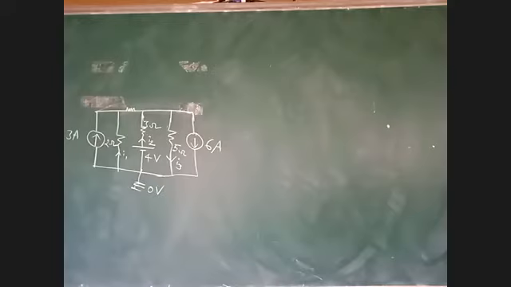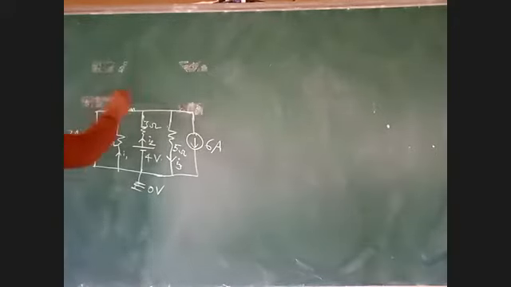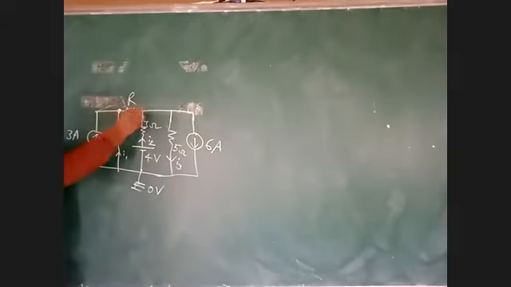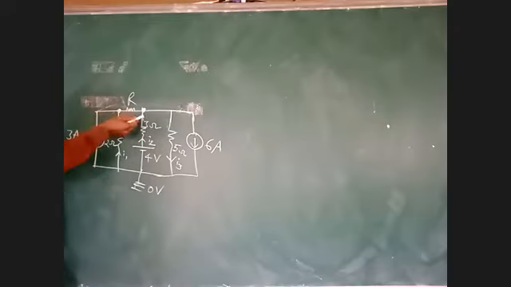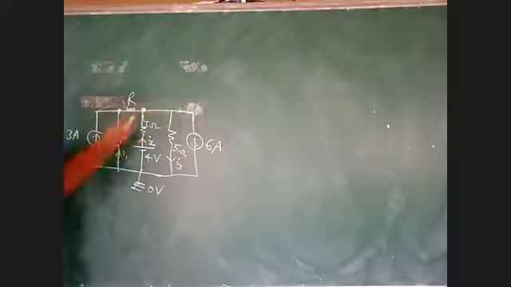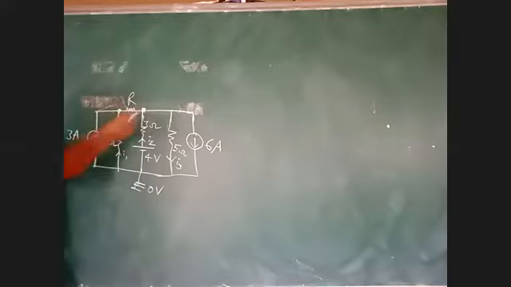There will be two nodes. Suppose resistance is connected here. This is one node, this is another node. This is connected here, but this is not connected here. This is connected here only. If you place resistance here, there will be two nodes.